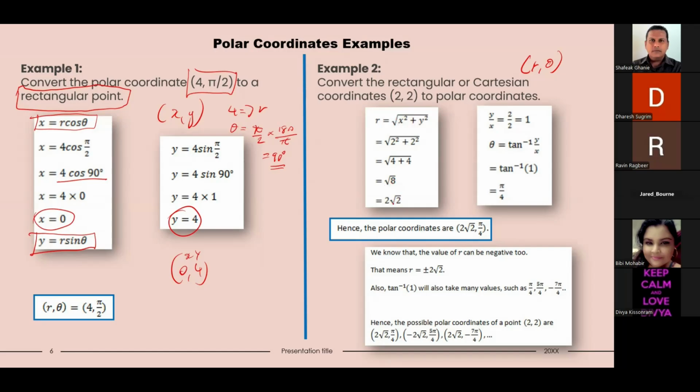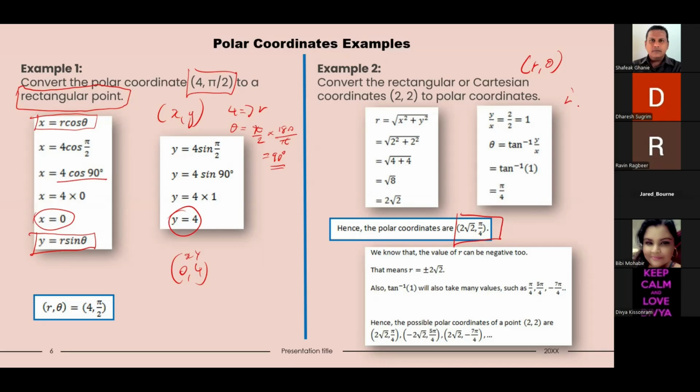Sorry, and you rationalize that, you'll have 2 root 2. You do the same thing here. You plug in the information, use the trigonometric ratio, and you find the inverse. You're going to have pi upon 4. This is in radians, of course. So you're going to have your polar coordinates as you can see here, 2 root 2 and pi upon 4. That is an answer to this question.